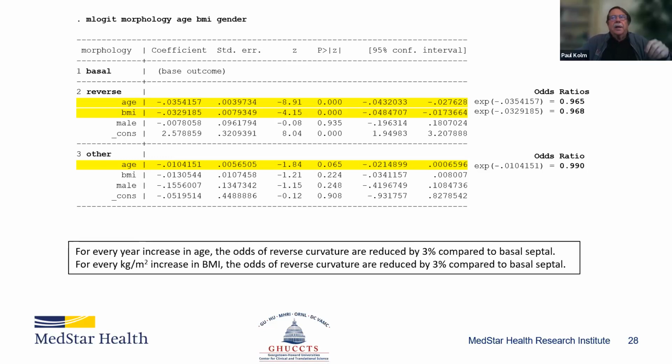The other category, none of them are statistically significant. So that means that we don't have much of a difference between the other group and basal septal morphology as far as age and BMI and male are concerned.